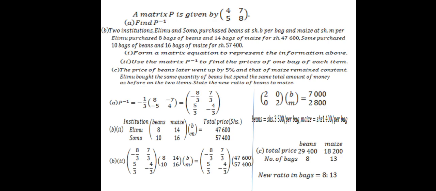You first find the determinant by multiplying the lead diagonal less the subsidiary diagonal, and then interchange the figures in the lead diagonal, and then give a negative to the figures in the subsidiary diagonal, then multiply all the figures by 1 over the determinant. You get the inverse of P.